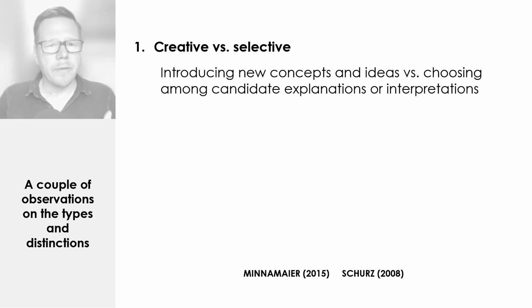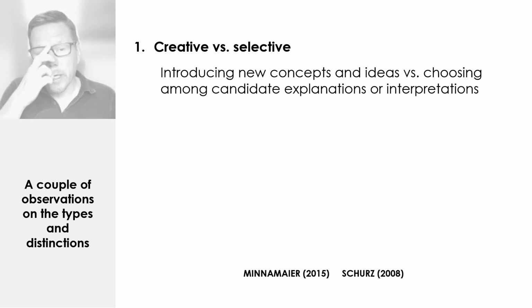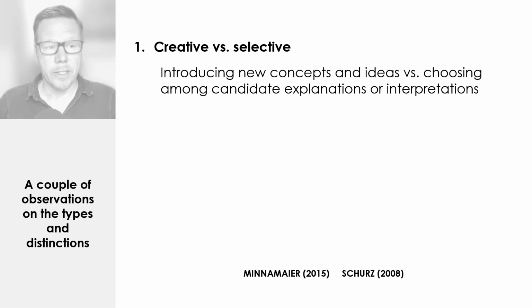And the idea of inference to the best explanation resonates with this idea of selective abduction. But there is also this idea that those who do work on innovation research often speak either implicitly or explicitly about creative abduction.